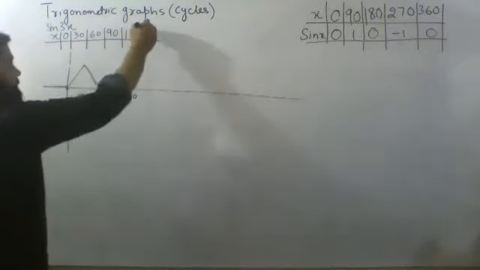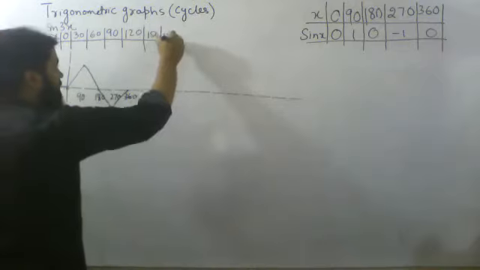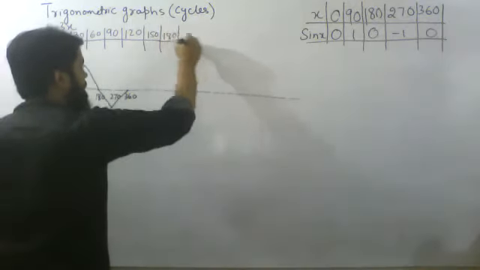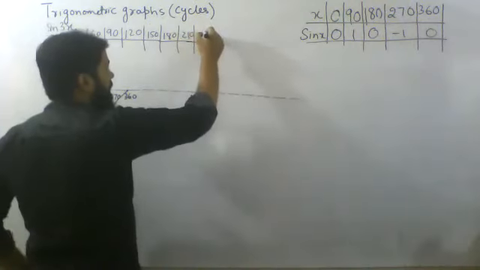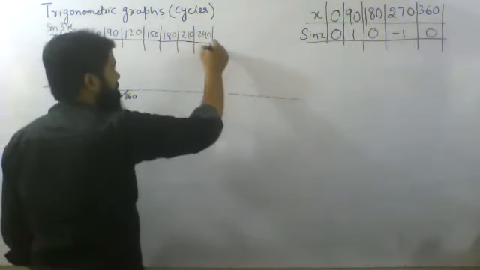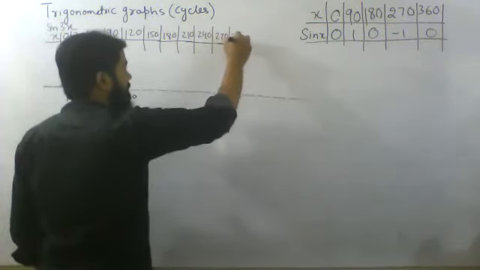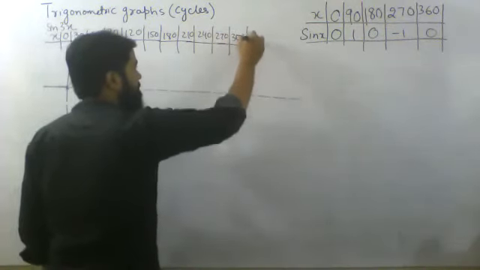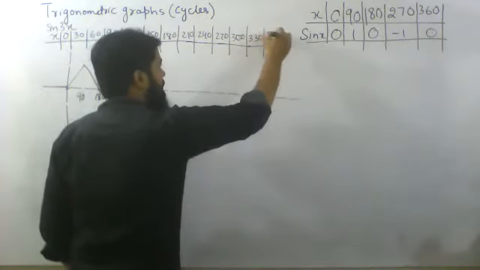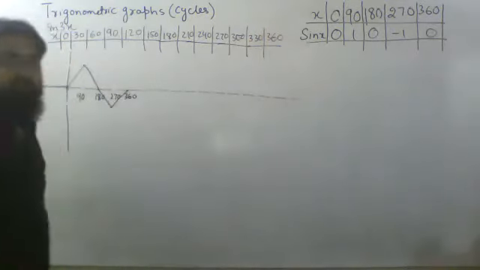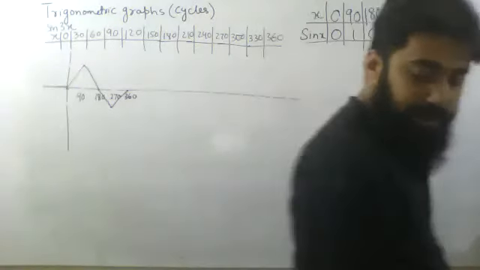So it means next will be 150, 180, 210, 240, 270, 300, 330, and 360. Okay, all these values will be plotted over here.